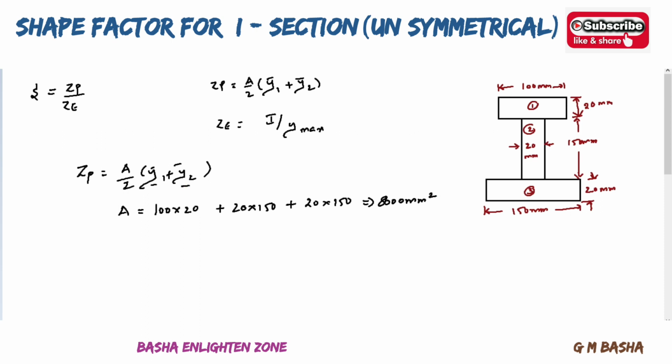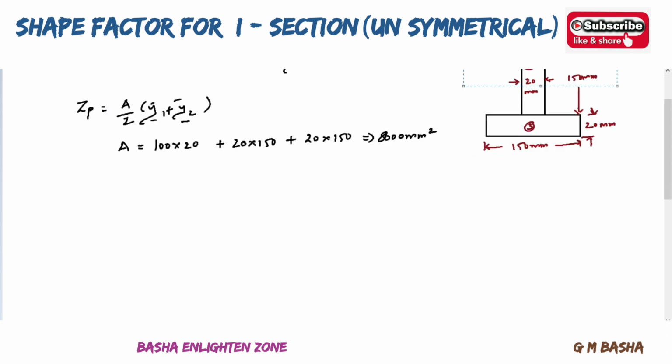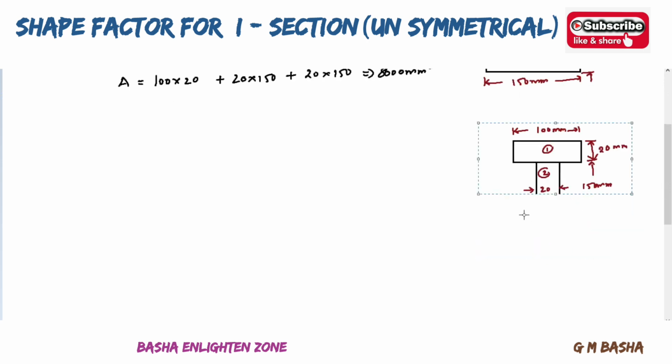For finding y1 bar and y2 bar, we divided the section in half in the previous symmetrical I section, but here it is difficult to find the equal area axis. So I will take half of the section by assuming some distance h.